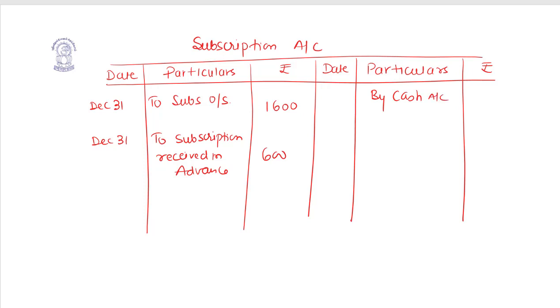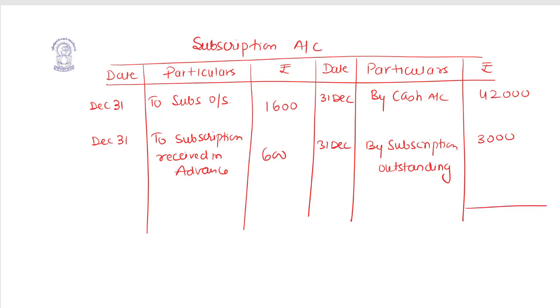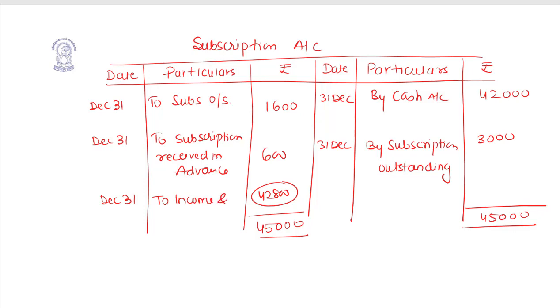Actual subscription received 42,000 and 3,000 is outstanding subscription, by subscription outstanding, total 45,000. 42,800 closing figure December 31 to income and expenditure account, subscription.